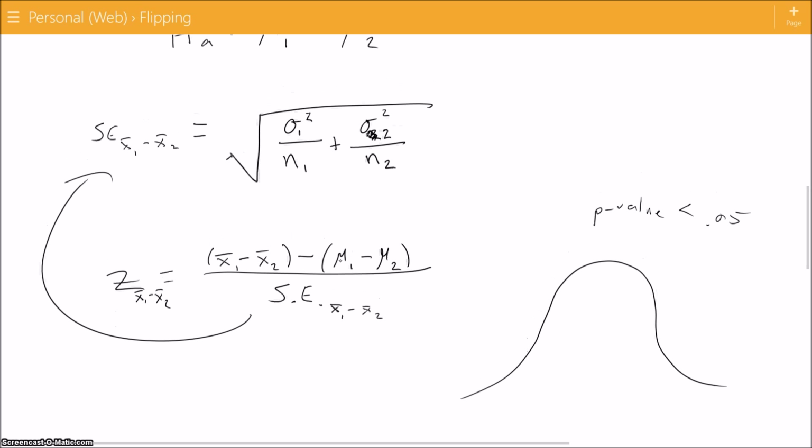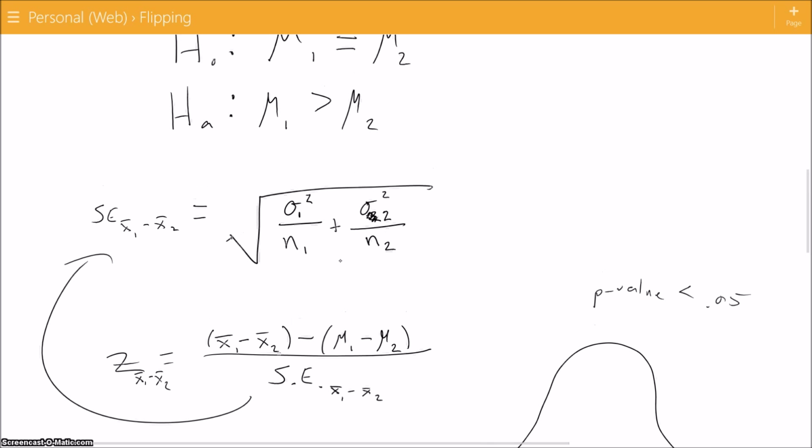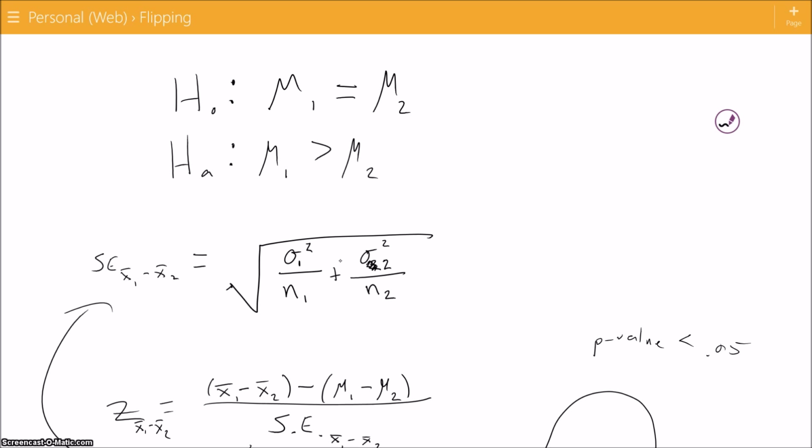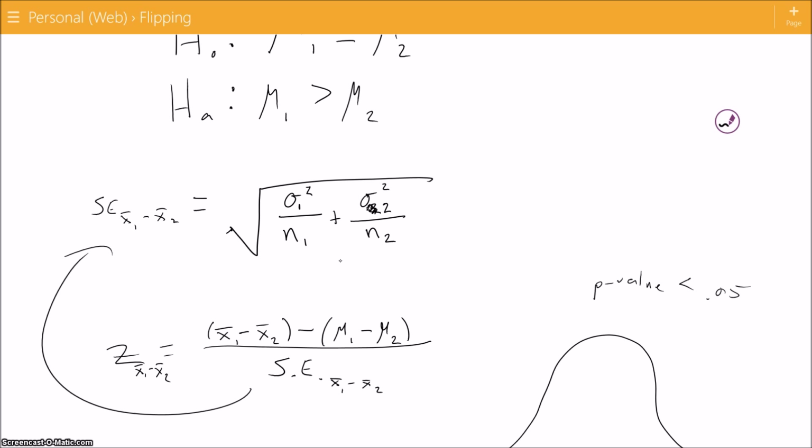You can change it right now. That's all we're really concerned with. If this is true, where our p-value is less than 0.05, then we reject our null hypothesis, just like we did before with one sample. If p is greater than or equal to 0.05, we do not reject the null hypothesis.